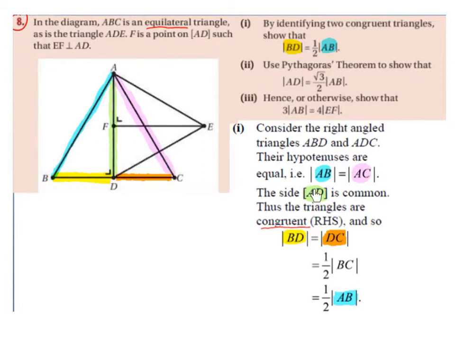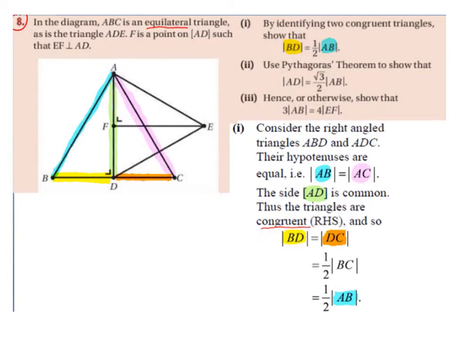The side AD is common to ABD and to ADC. Thus the triangles are congruent by RHS.